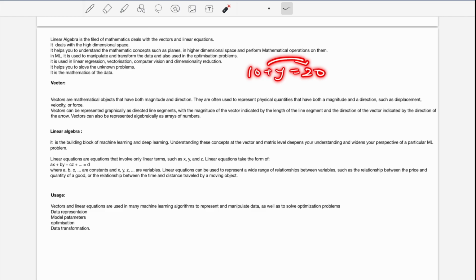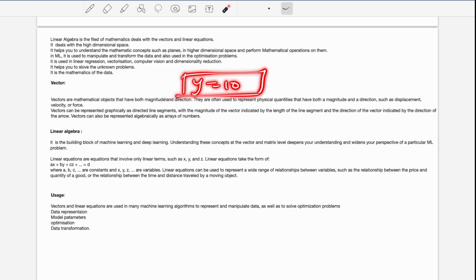We move 10 to the other side and get 20 minus 10, which is equal to 10. We didn't know the y value here, but with the help of linear algebra we get y as 10. How amazing is this! It's just the mathematics of the data. I hope you understand it.